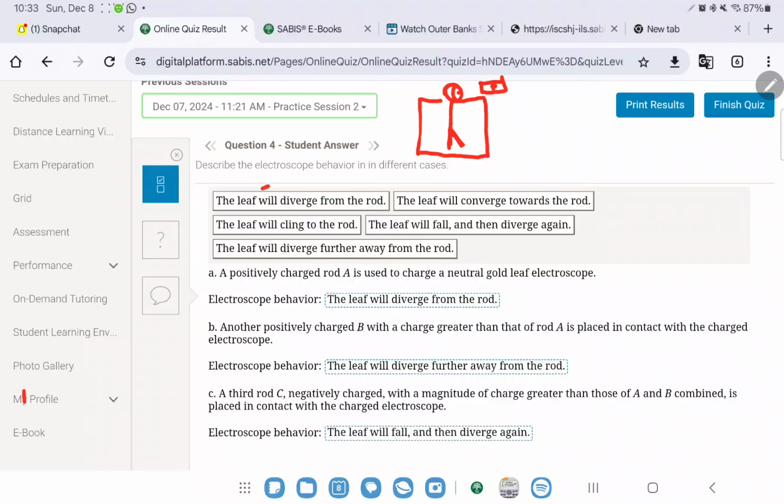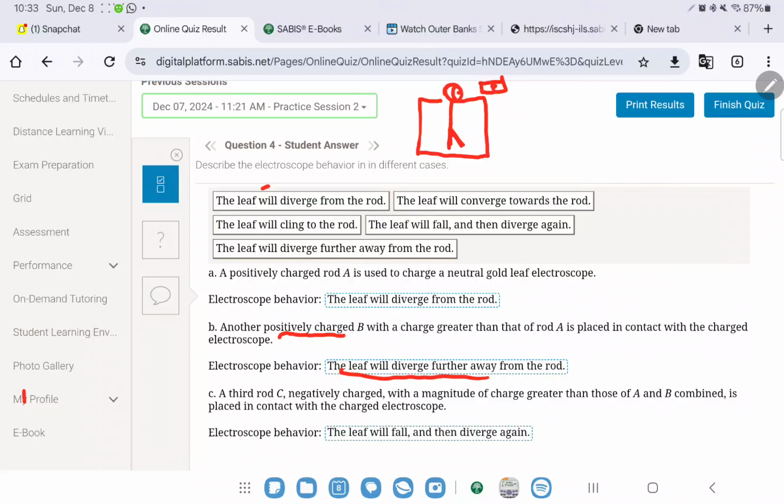So let's say now you bring another positively charged rod B with a charge greater than A. What's gonna happen? More positive charges down the rod. If it gets stronger, then the force of repulsion between them is also gonna get stronger, and the leaf will diverge further away from the rod.